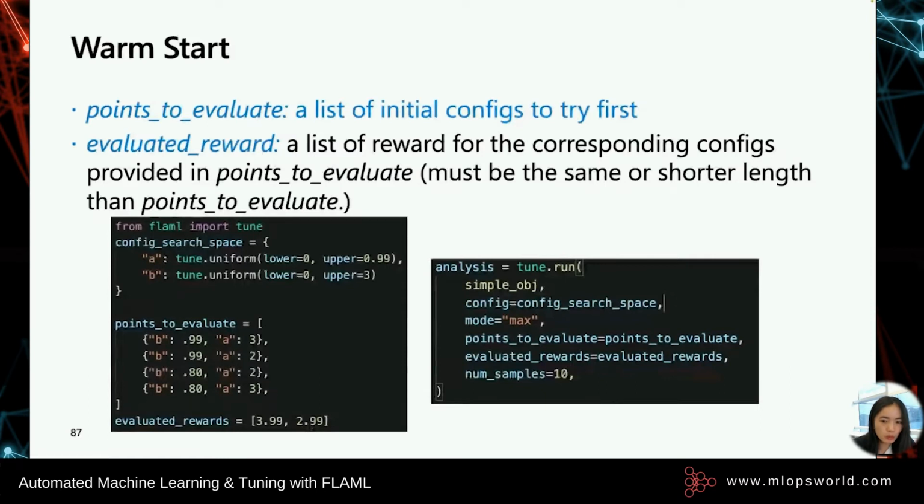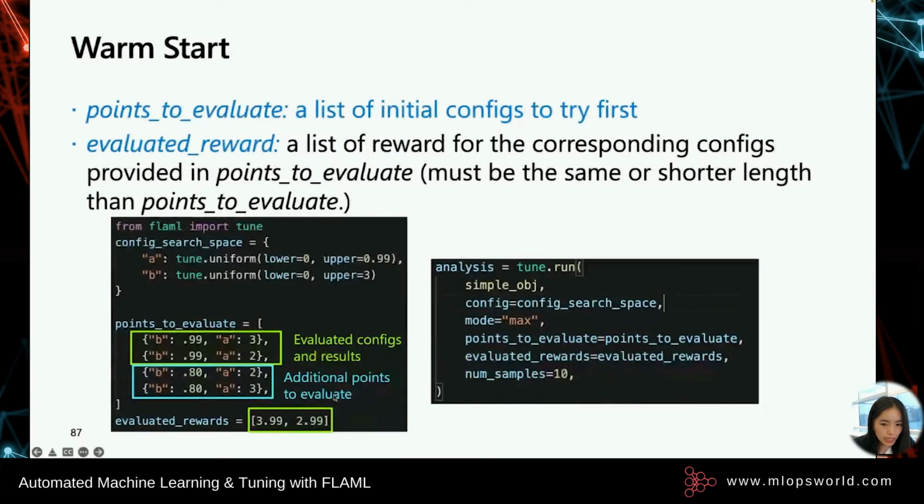And if I have additional points to evaluate, I can just append them at the end of this points_to_evaluate list. So the configurations in green are evaluated configurations and their results, and the configurations in blue are the additional points to evaluate.